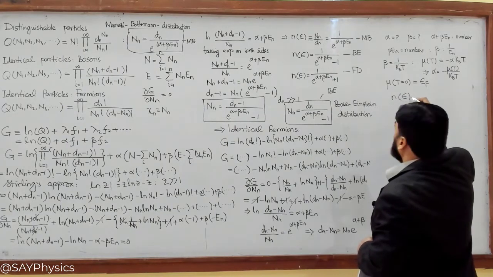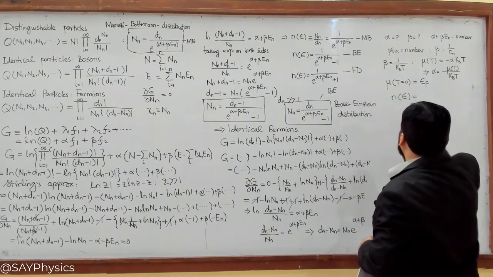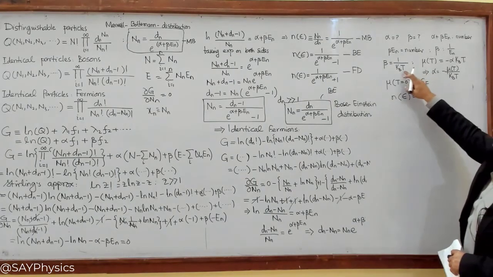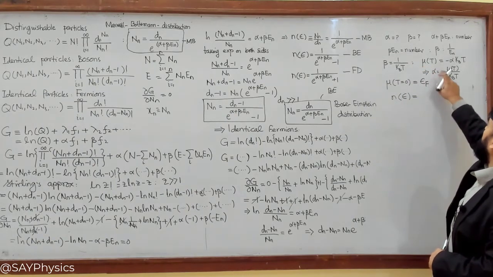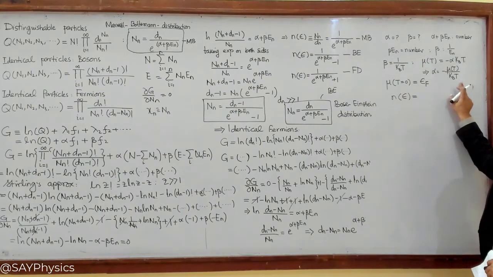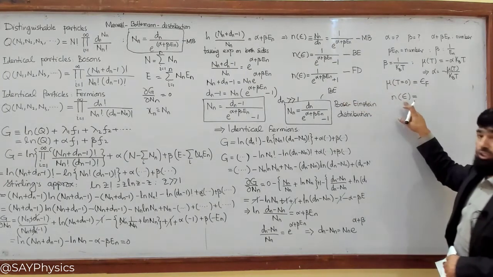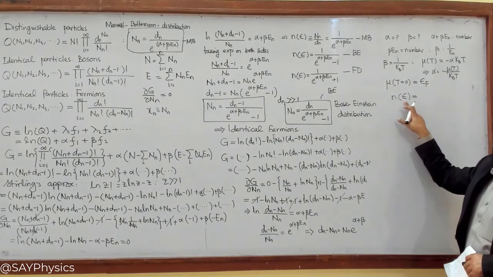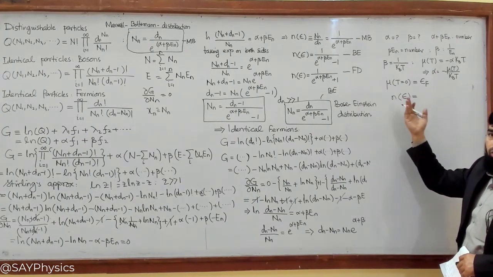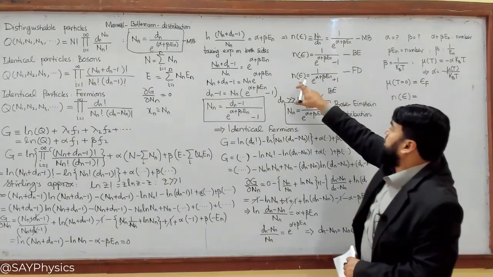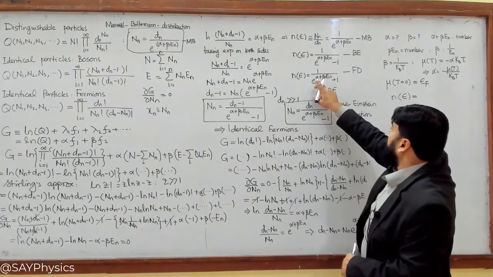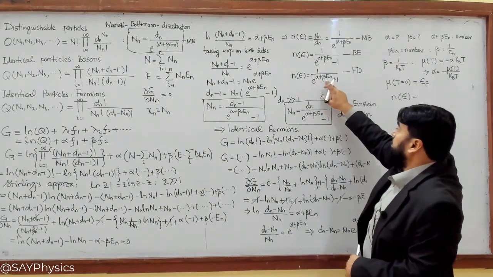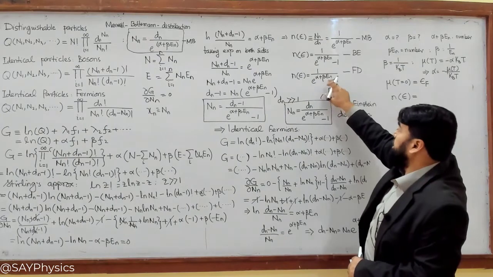The Fermi-Dirac distribution, n_E, is equal, by putting these values, like putting beta equal to 1 over k_B T and alpha equal to minus mu(T) over k_B T, and replacing the E_n by just E here, because it will then vary for the 0 temperature and the Fermi level temperature or whatever it is. So it will become e to the power minus mu(T) divided by k_B T plus, and this is 1 over k_B T and E_n.